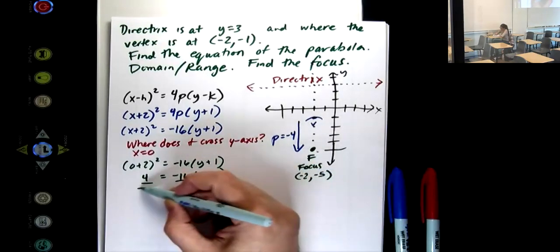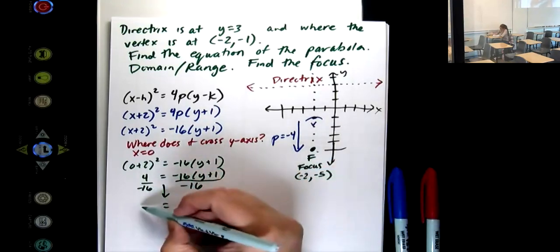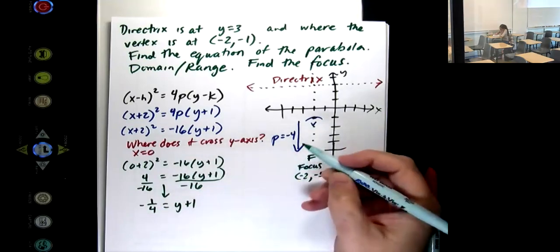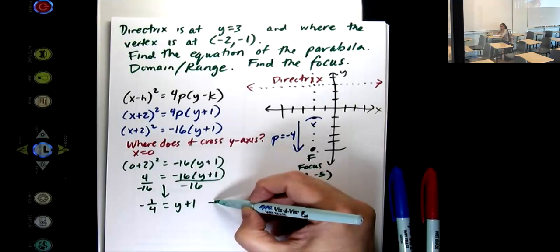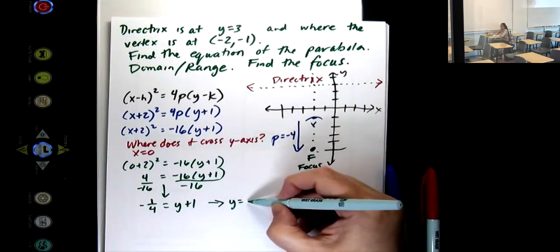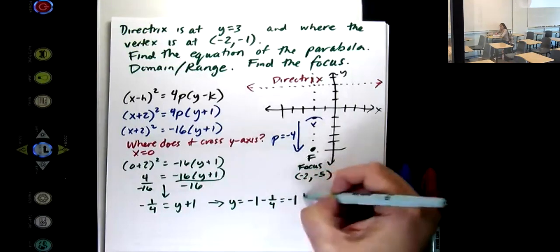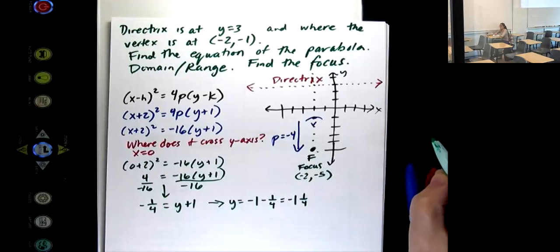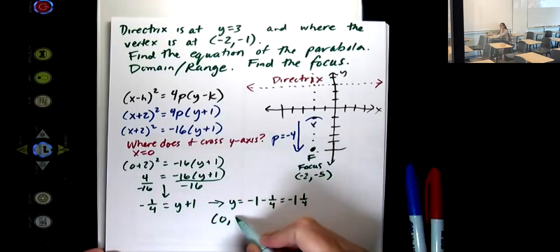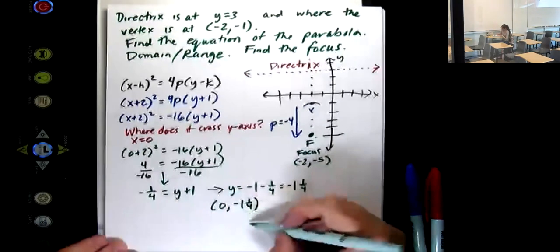Let's work smarter rather than harder. And that's when x equals 0. So negative 1 1/4 or negative 5/4.